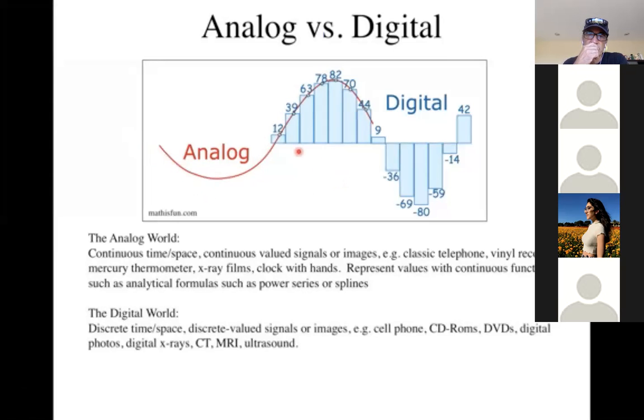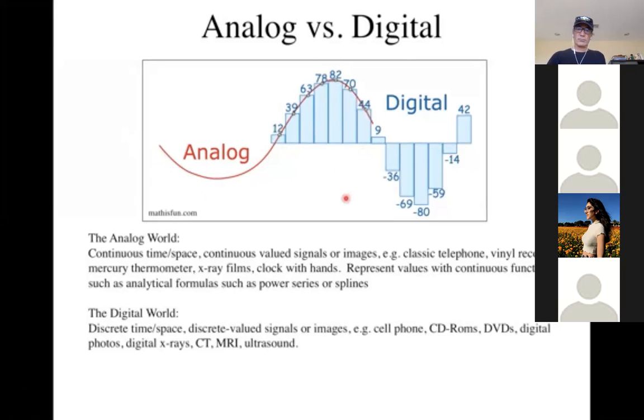I can make that signal digital by sampling that function at discrete points as a function of x and just recording the values. And so my signal now is not an infinite set of floating point numbers. It's a finite set of discrete values, which are samples of that signal.